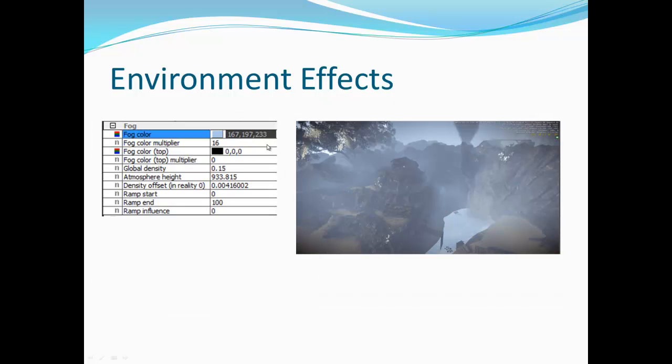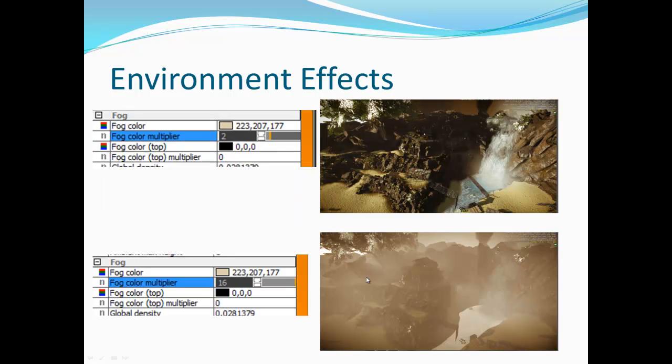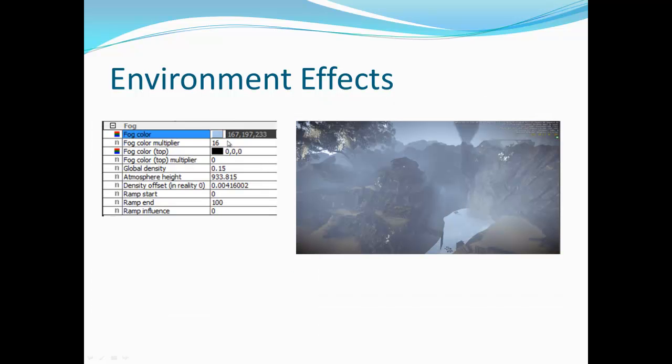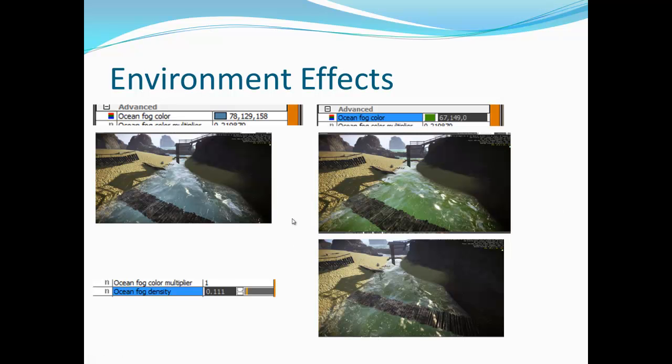You can also change the color of the fog. You can see here is this sort of beige color, and here I've changed it to a little blue color, and the map looks really cold now. And you could also change the ocean color, for example, so that here is blue, and for here I used green.